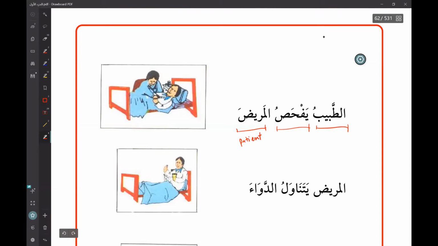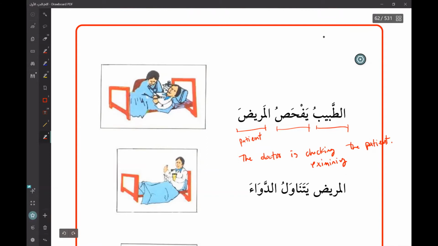So again, مريض, you can translate as a patient, a sick person, right? It's the same thing. So الطبيب يفحص is the doctor is checking or examining the patient.